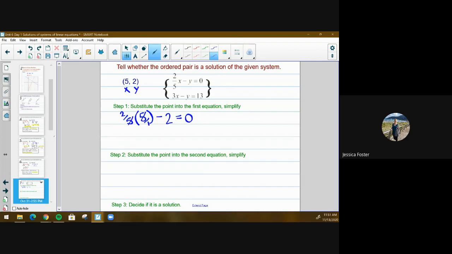Then I can still multiply across: 2 times 1, 1 times 1. 2 divided by 1 is just 2. 2 minus 2, and we're still wondering, is this going to make the equation true? 2 minus 2 is 0. 0 equals 0. So this first one checks out, and (5, 2) is a solution to the first equation.